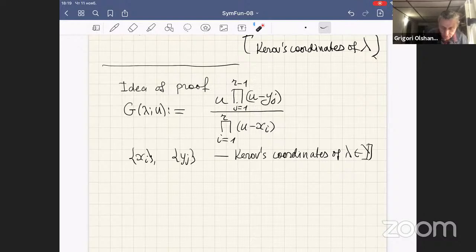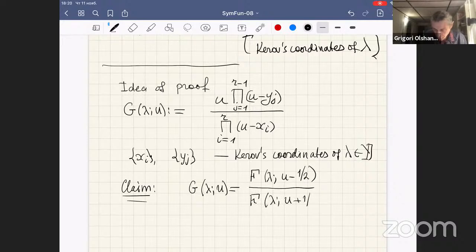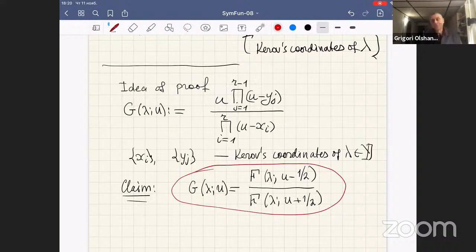It turns out that the result claim is as follows. Equal to... So what do we have to do?